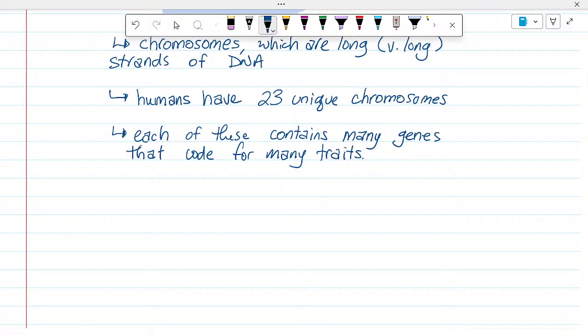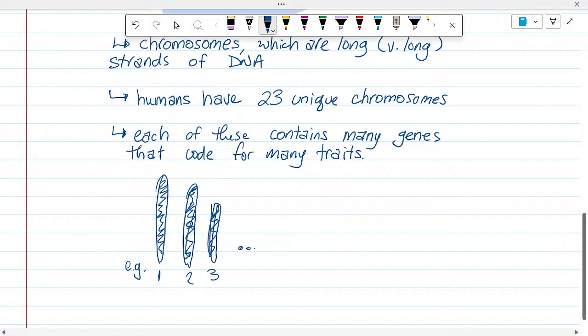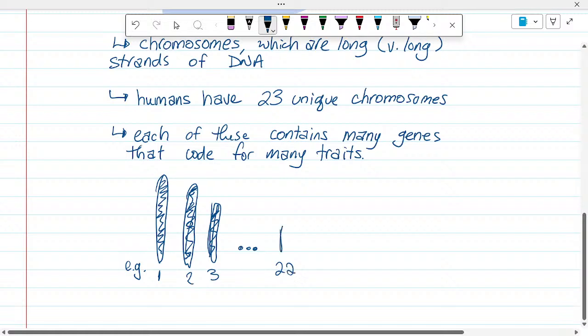So, for example, I'm not going to draw all 23. We'll call that chromosome 1, 2, 3, ... 22. And then we'll talk about this in a minute. Not quite as big as chromosome 1. Really, 22 should be quite a bit smaller. It's very small.